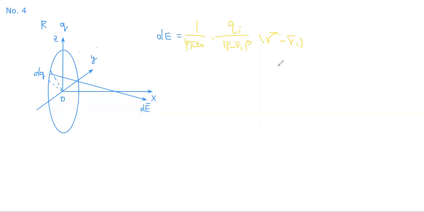Okay, and good. If we use vector form here, we should put a vector above the letter. And in the left side we have a differential. And if we have a differential, in the right side we should also write differential dq_i. Okay, this is the correct formula.